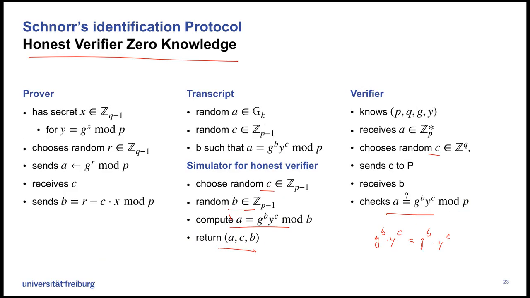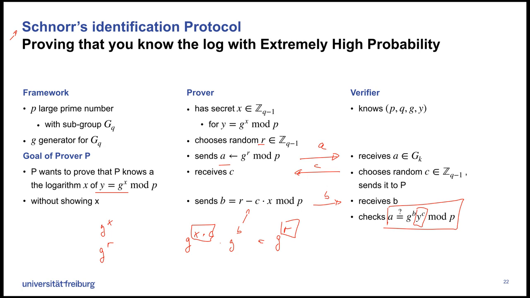This Schnorr identification scheme was a breakthrough somehow, because there are lots of protocols where you have this bit sending back and forth. So the challenge is a bit, and you have to react to the bit, and you have these rounds and so on. But if you look at this protocol, then this is really efficient.